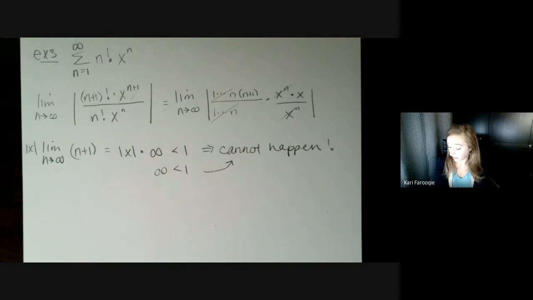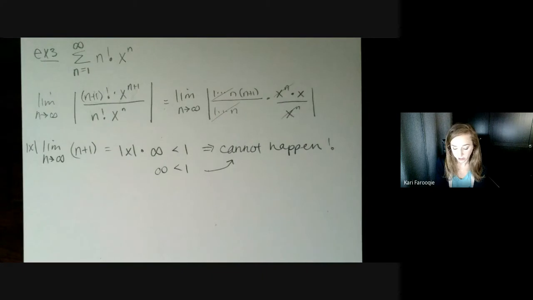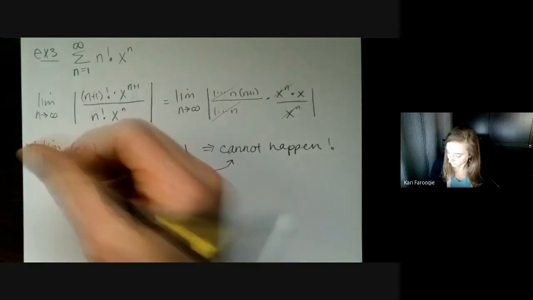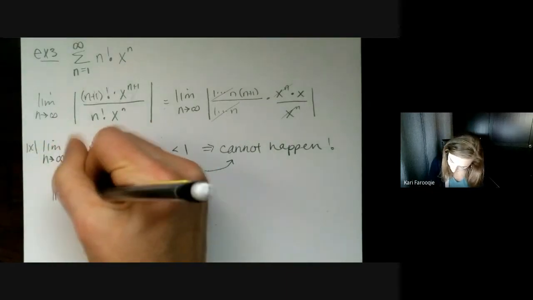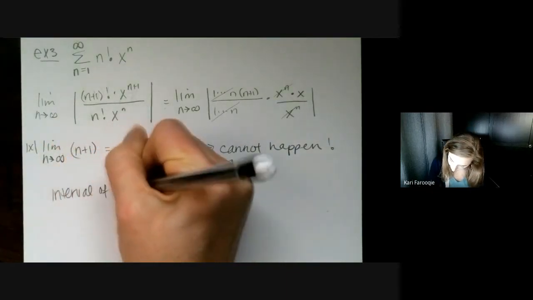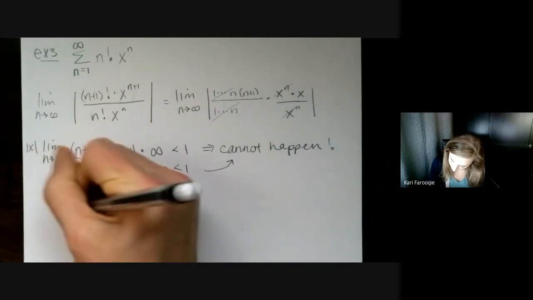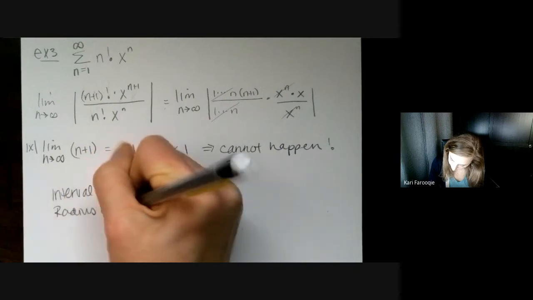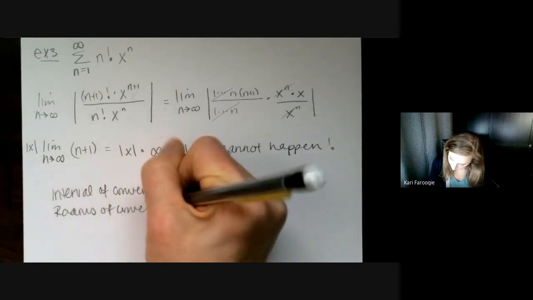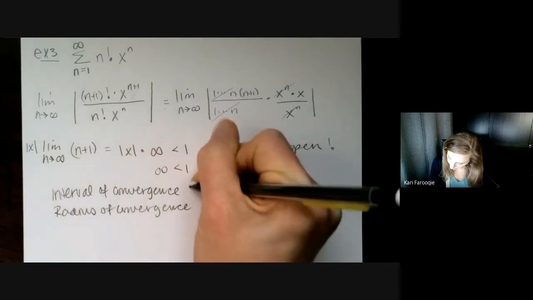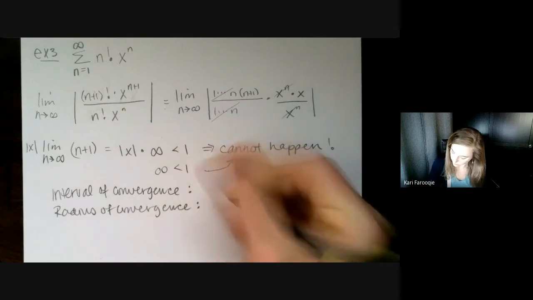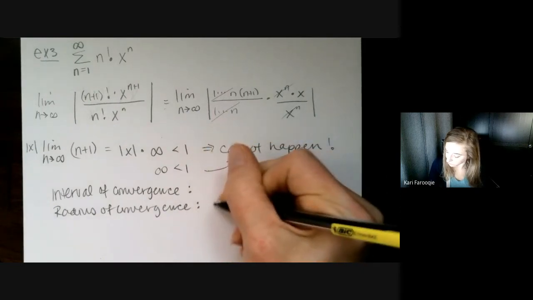So if that's the case, then we're going to have to say that the radius of convergence is 0. So for the radius of convergence, it's not converging anywhere.